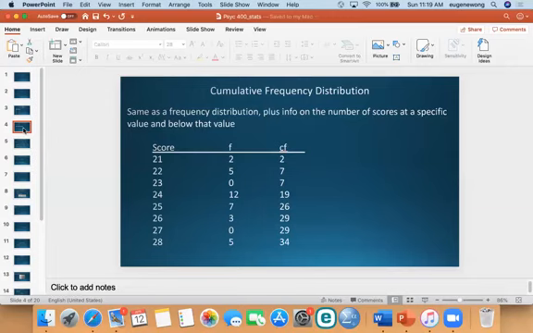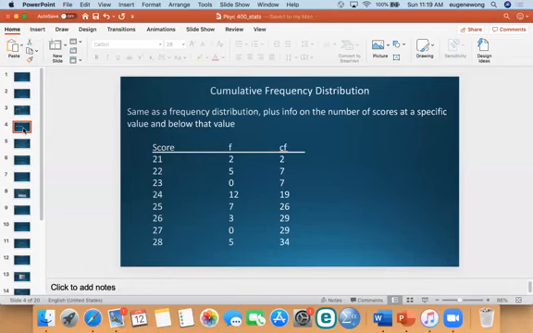So now all of a sudden, it gives you some sense of how the scores distribute. So you know that about half of the scores are less than 24, about half of the scores are greater than 24. You could have eventually figured that out from the data set that I first gave you at the very beginning, but it would have taken you a long time to figure that out. But with a cumulative frequency distribution, it makes it pretty easy to figure out things like that.